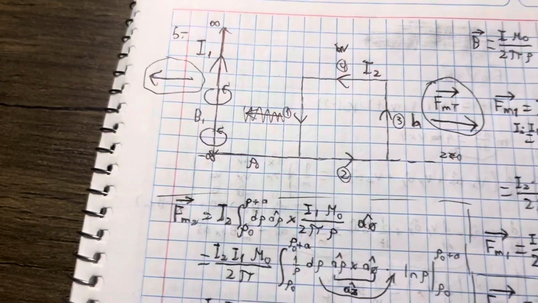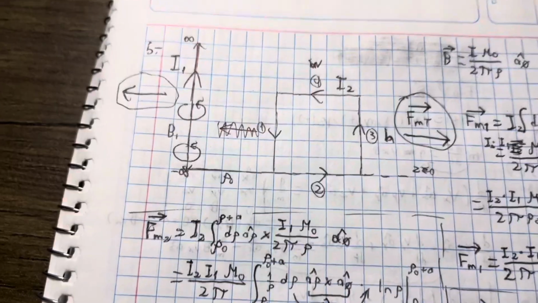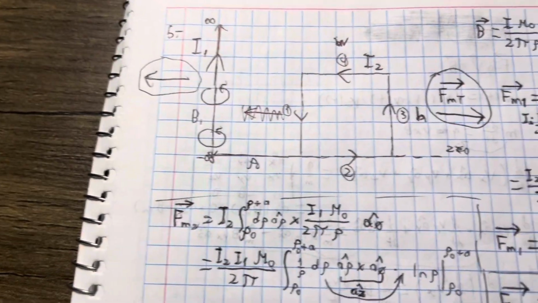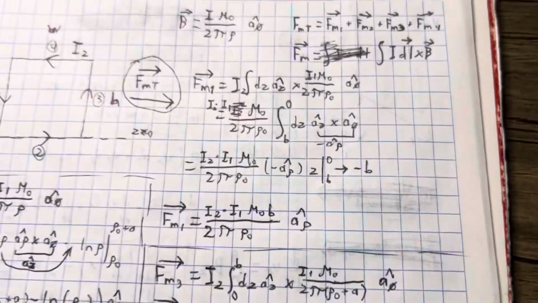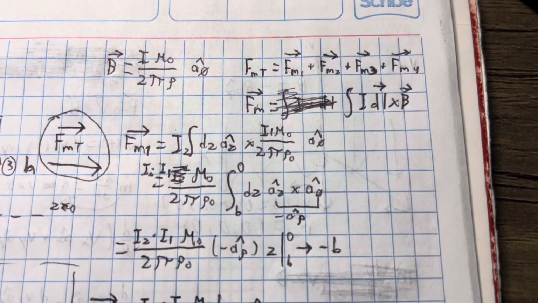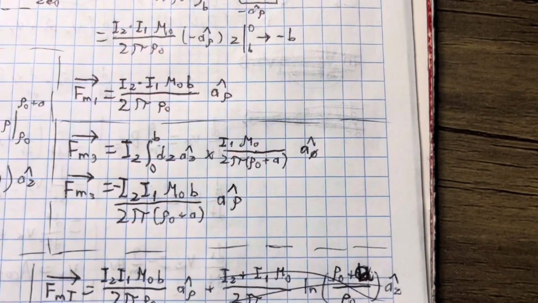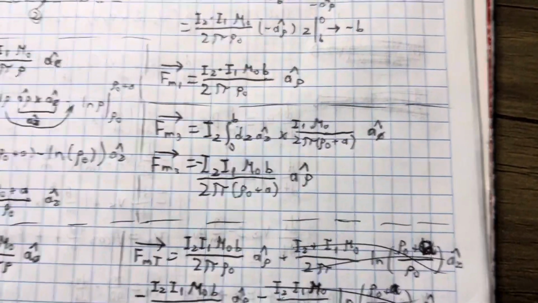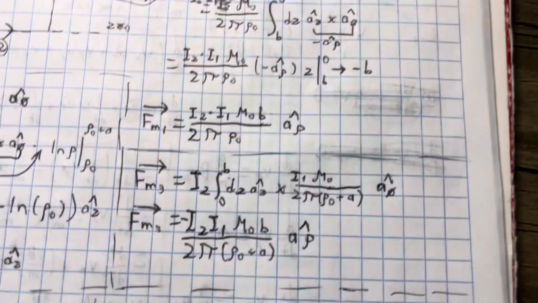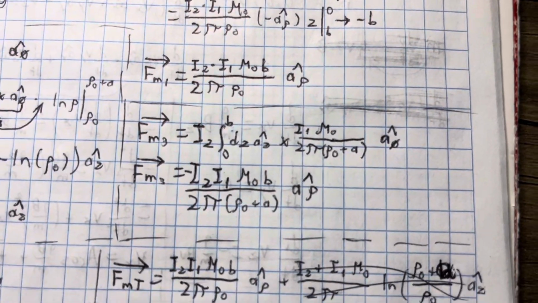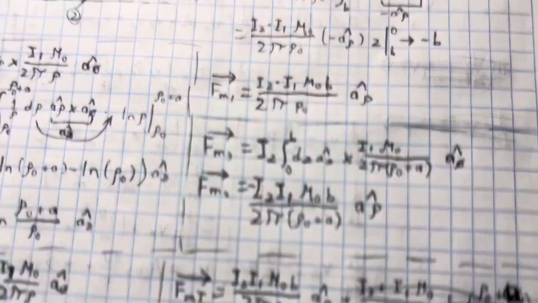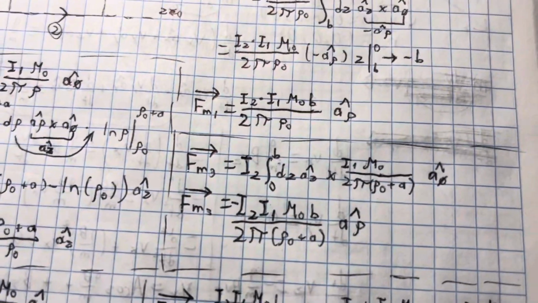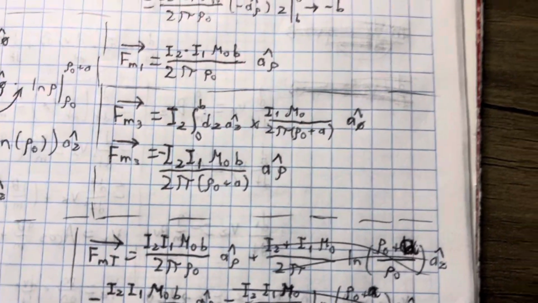Instead of being just the distance from the wire to the start of the rectangle, it is rho plus the width. So that's why here in the denominator it changes in comparison to the first, where it was just rho. Here it's rho plus the width. We already performed this on top, and we get the same result, it just changes in the rho and the sign, because of what I said about the integral limits.